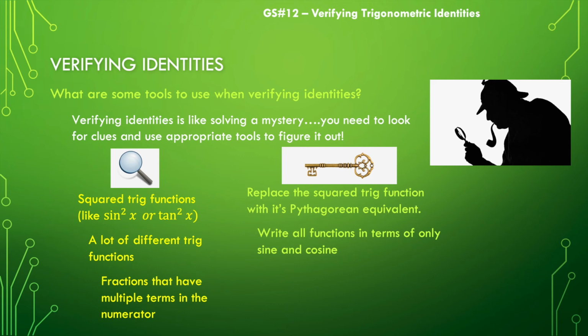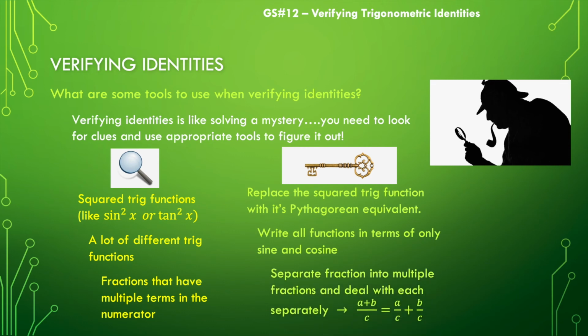Well, one thing you can do is separate your fraction into multiple fractions. So if you have something that looks like a plus b divided by c, we can break it up into a over c plus b over c, and then treat each of these separately.